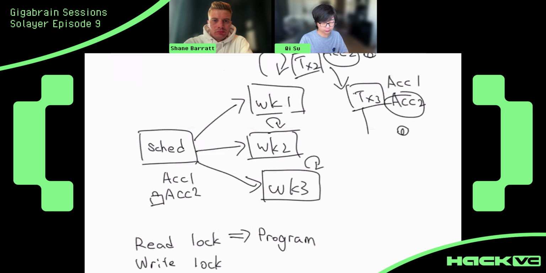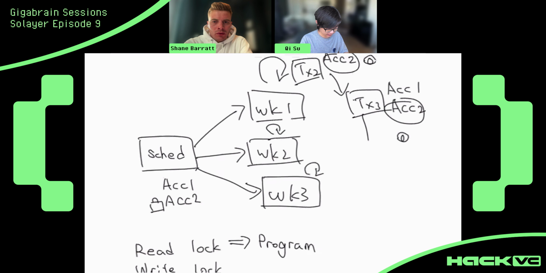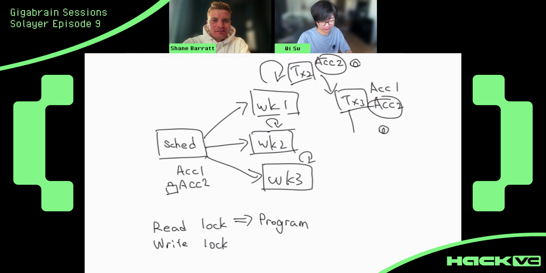It's not going to be altered anyways, and you can just read them in parallel in all sorts of manners. I mean, it could be updated if it's upgradable, and in that case, you'll have some contention just for one transaction. Sometimes you can discard the upgrade authority, but yeah.